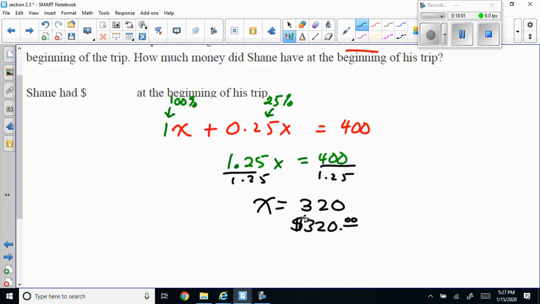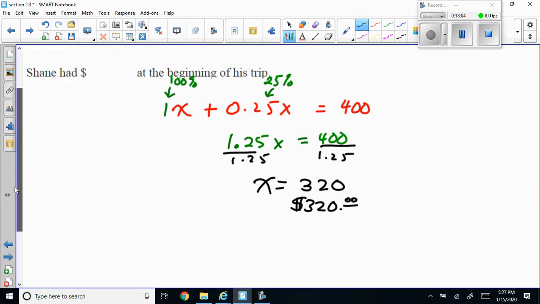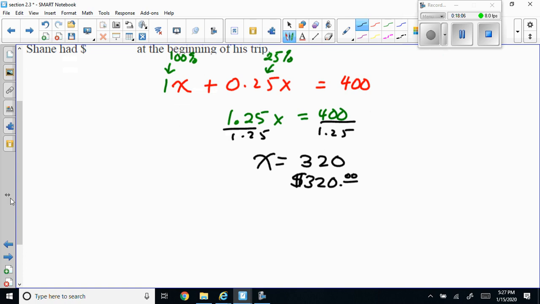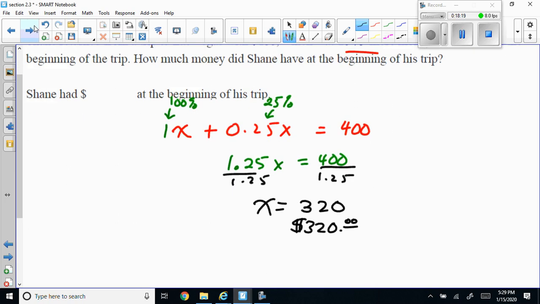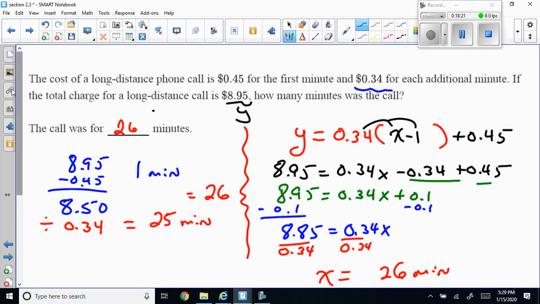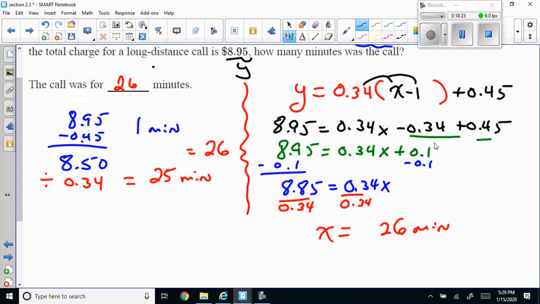Any questions on this one? Anybody? Y'all good? All right. So we good on the 320? Yes. All right. So I want to go back. There was an error in the previous problem. That's not 10 cents.